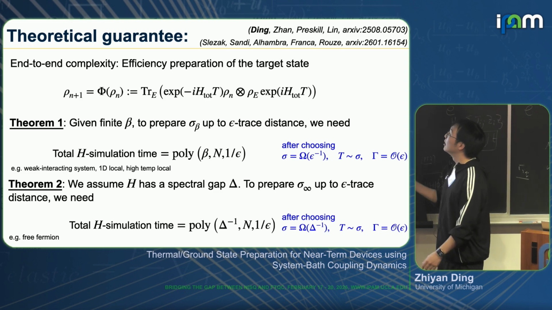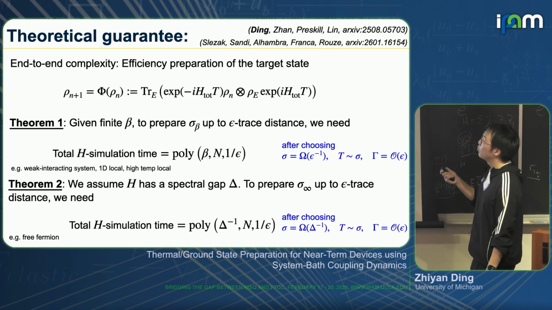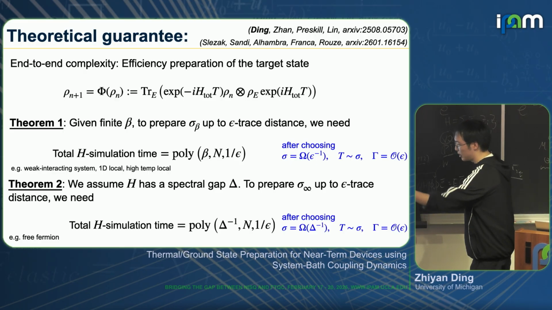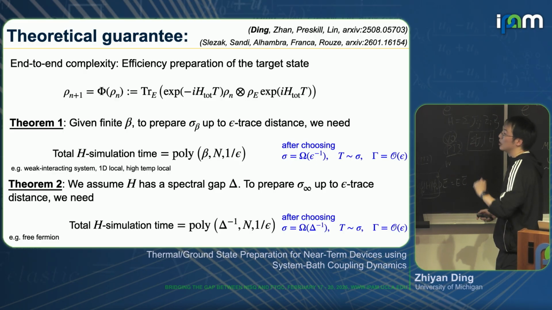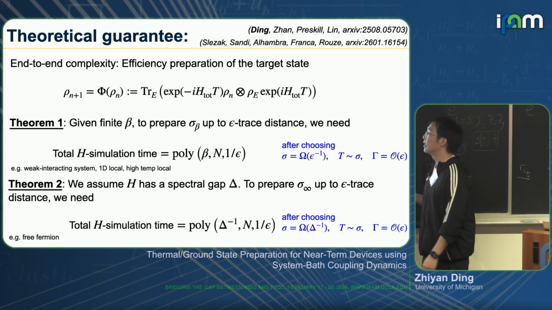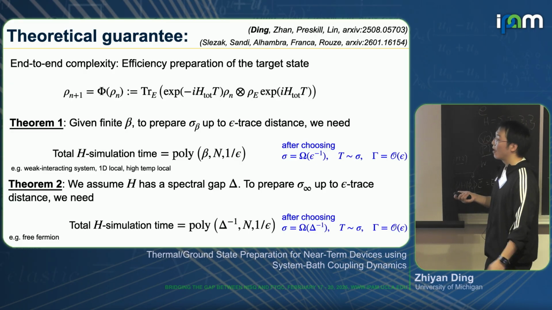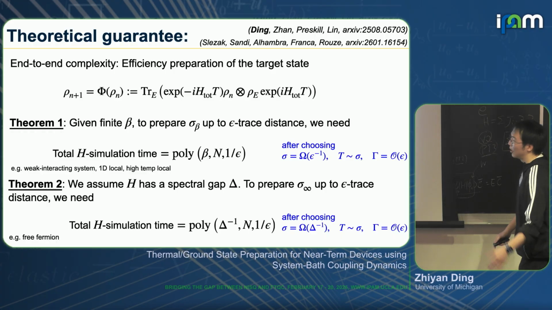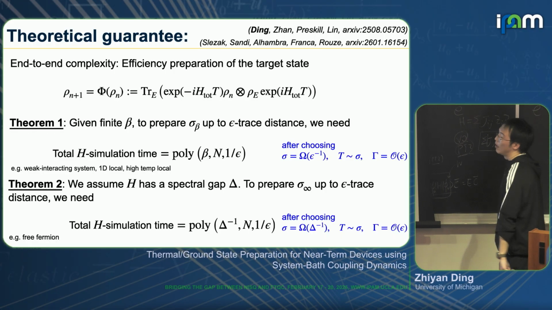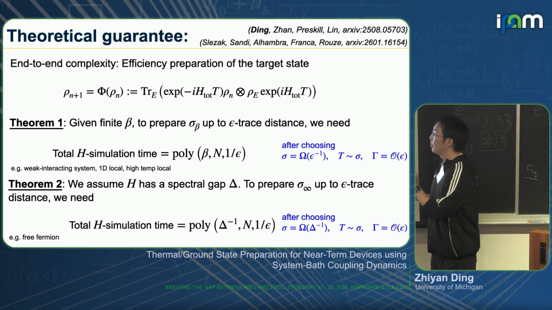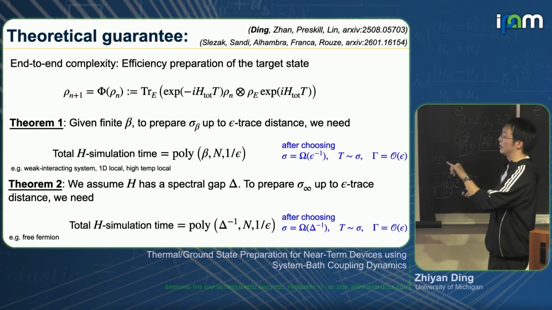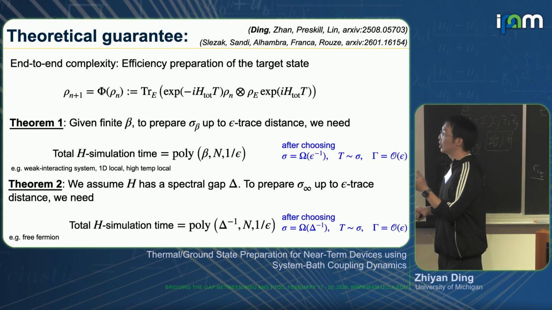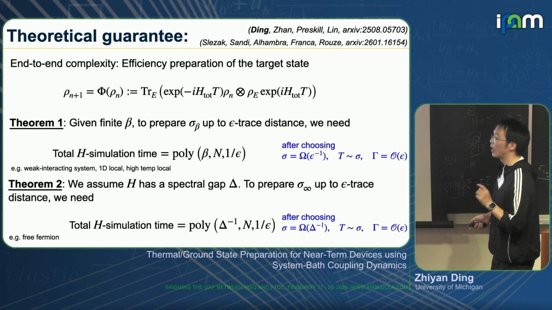Basically, in our papers and our very recent papers, we can show that for a large class of Hamiltonians, we can have good mixing time. So we can take the thermal state as an example. If I have a weakly interacting system or 1D local or high temperature local Hamiltonian, then to prepare the thermal state up to epsilon precision, the total Hamiltonian simulation time scales polynomially in beta, polynomially in the number of qubits, and 1 over epsilon.